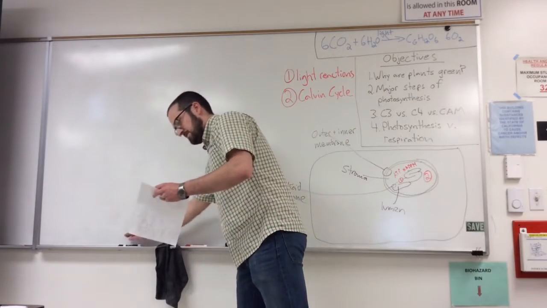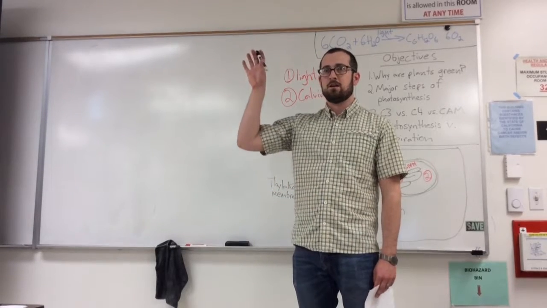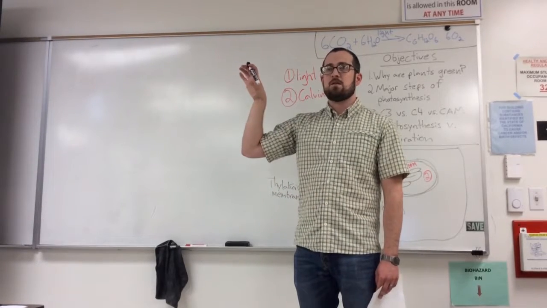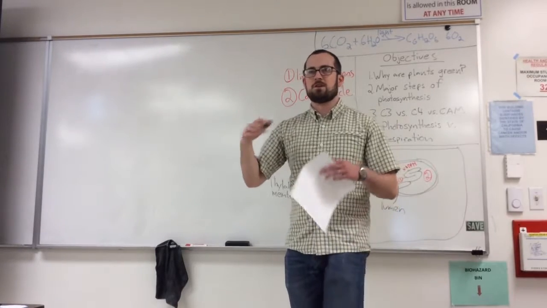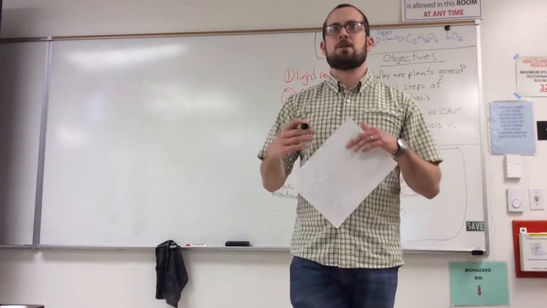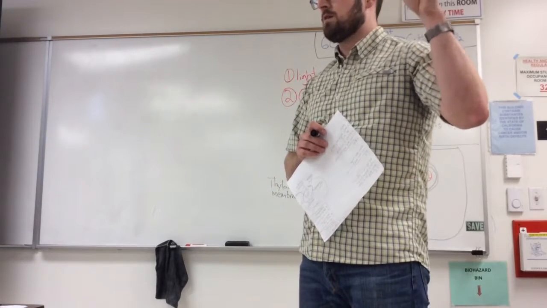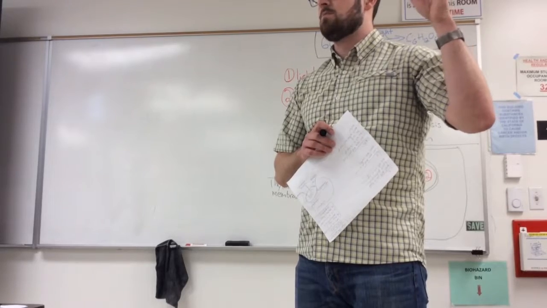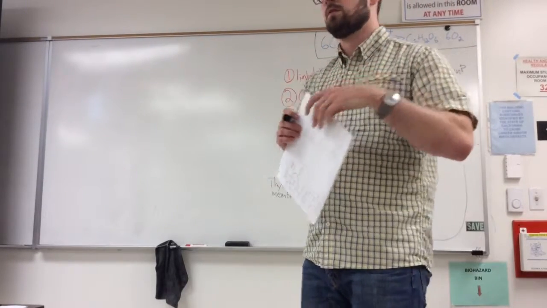So the Calvin cycle, basically what we're doing is we are taking carbon dioxide and then we're fixing it into sugars. So that term fixing is what we talk about when we take carbon from an inorganic molecule like carbon dioxide and put it into an organic molecule such as sugars.